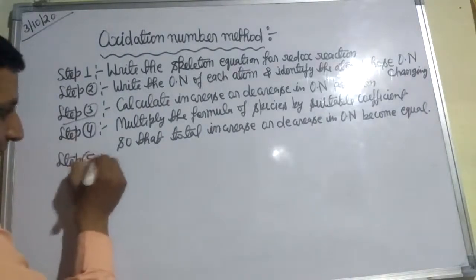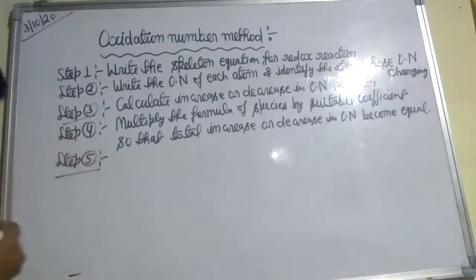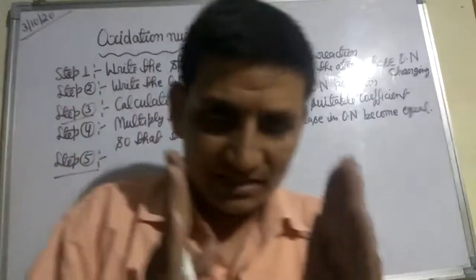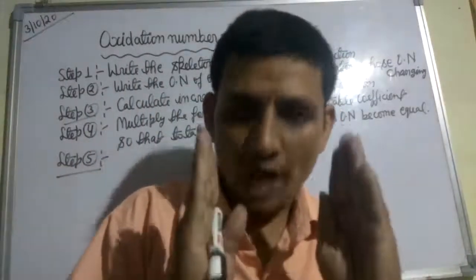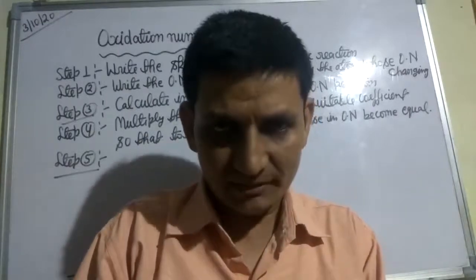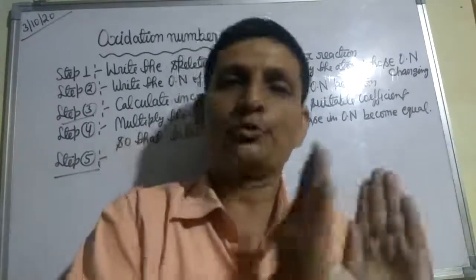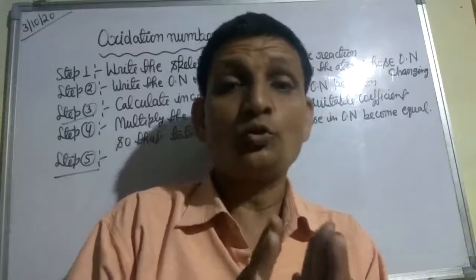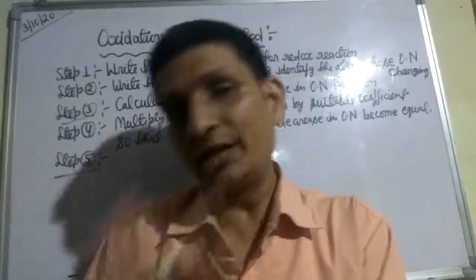After this, step 5. Step 5 is if the reaction is taking place in water, use hydrogen ion and hydroxide ion on the appropriate side, reactant side or product side, so that total charge on both sides become equal.